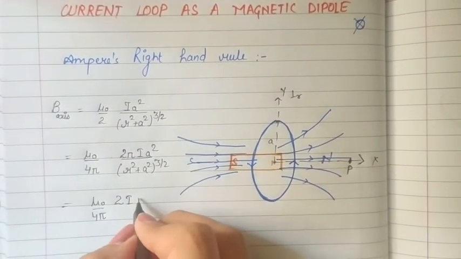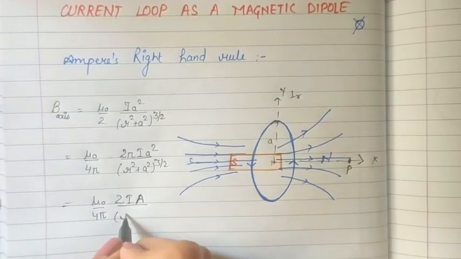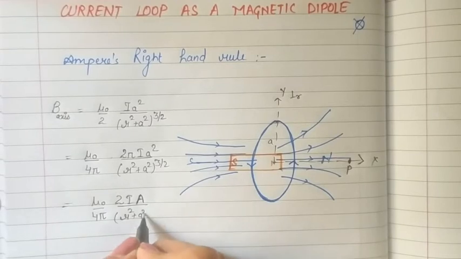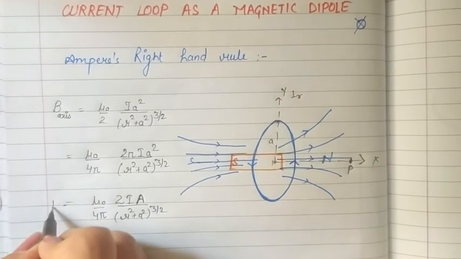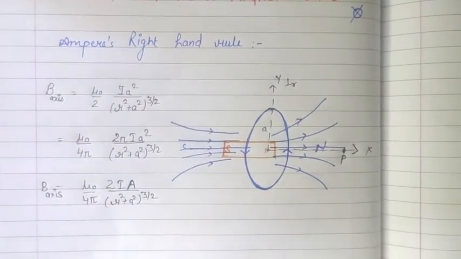I am representing it by capital A, so it will be 2IA, and the denominator is (r square plus a square) to the power 3 by 2. So this is the magnetic field at any axial point for this current carrying loop.